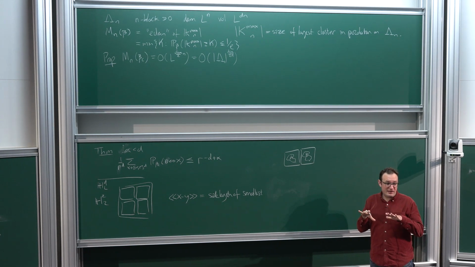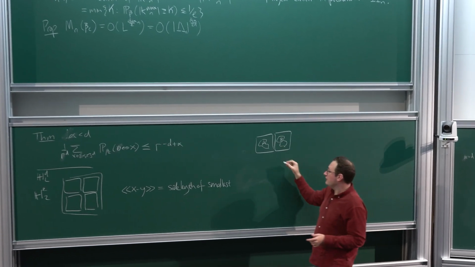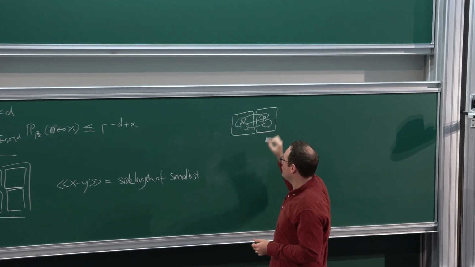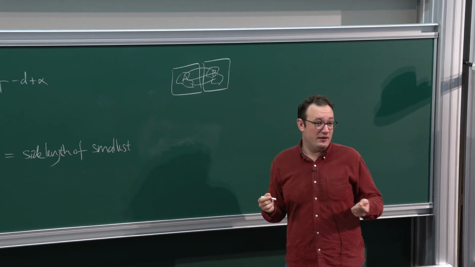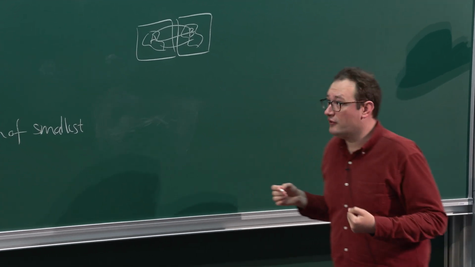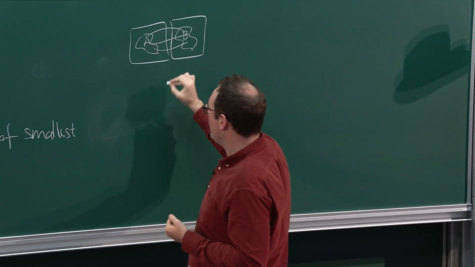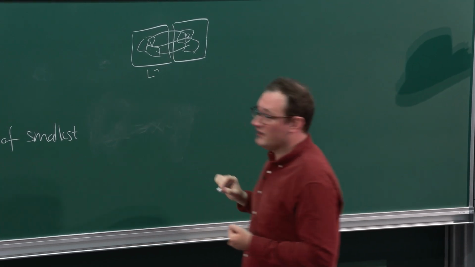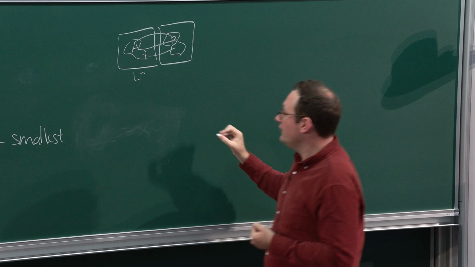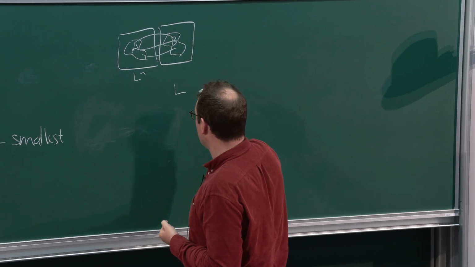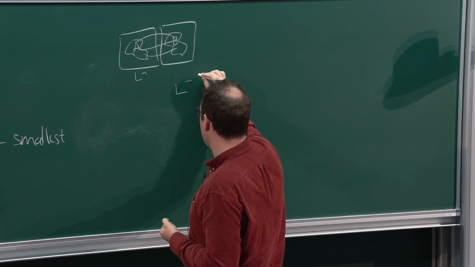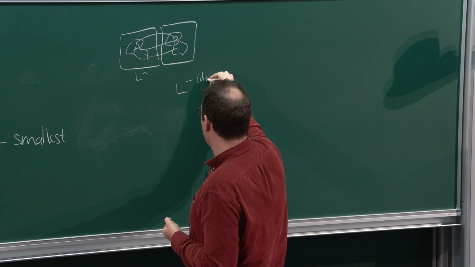When I go to the next scale, it's possible that A gets connected to B just by an edge, right? Now, if this has side length L to the n, each such edge is present with probability of order L to the minus d plus alpha.